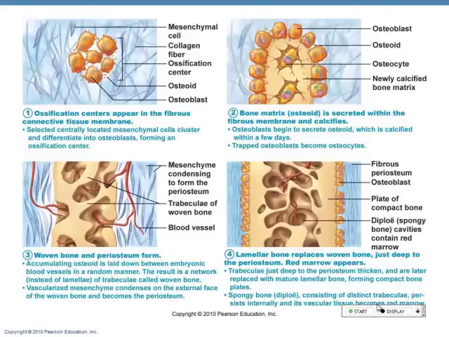And we'll start to see the first bones form. So they start in a centrally located area, and they start producing what? What do osteoblasts do for a living? Yeah, they start to produce osteoid. They start to produce that matrix that's going to start calcification. So in step 2, we see osteoid is secreted within the fibrous membrane and starts to calcify.